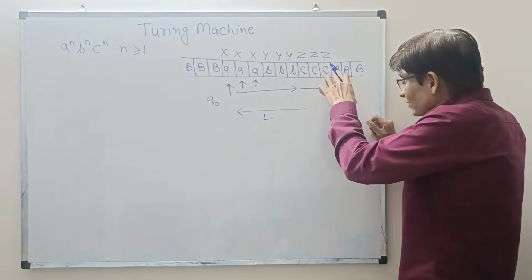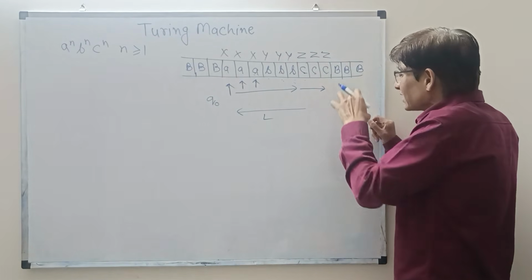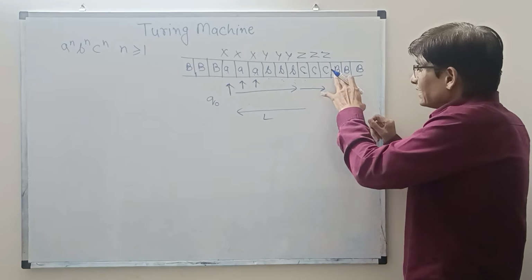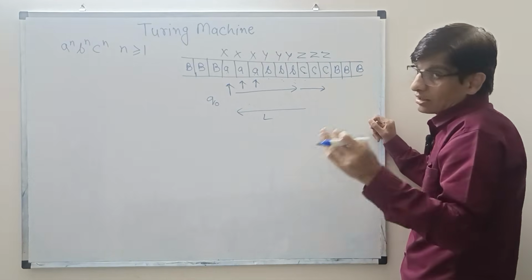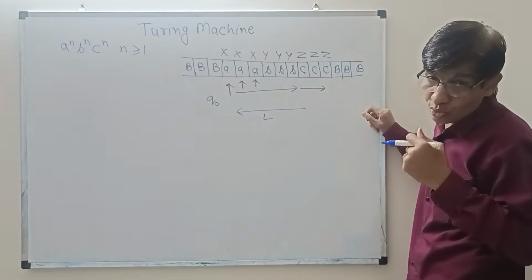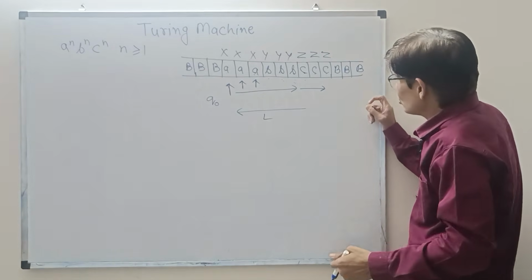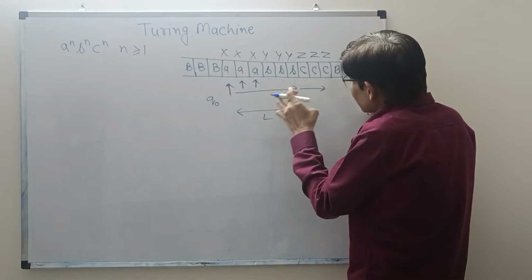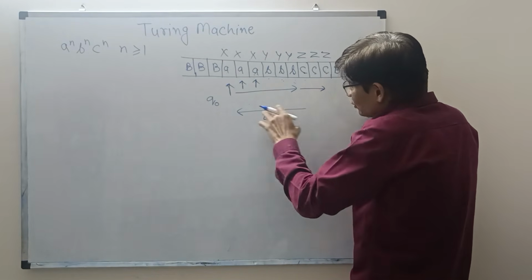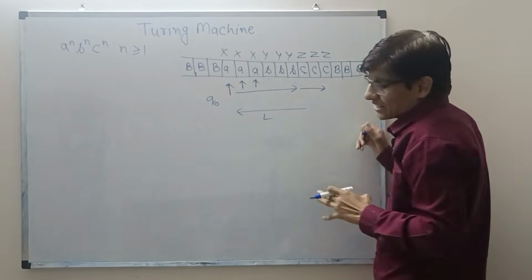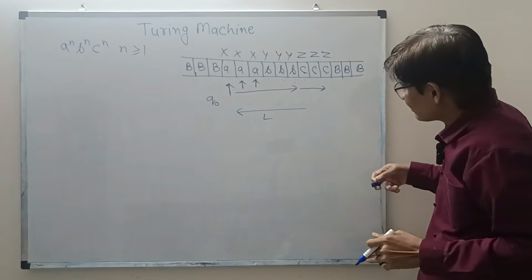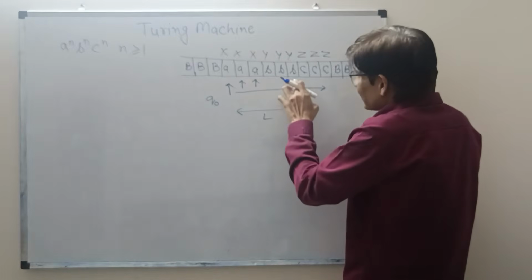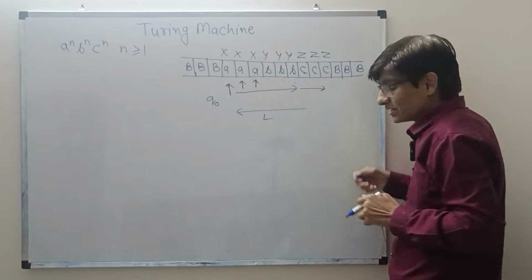When you get blank in this particular state, it means all C's have been converted into Z. So when you get blank, you can accept the string, because at the same time all A's, all B's and all C's have been completed.